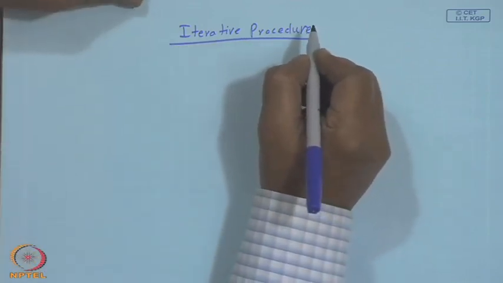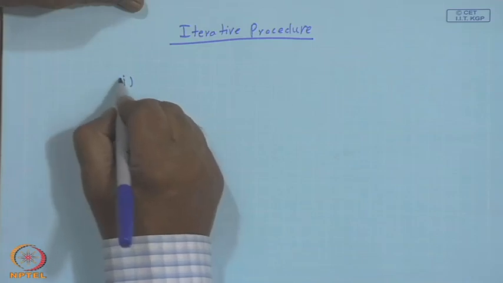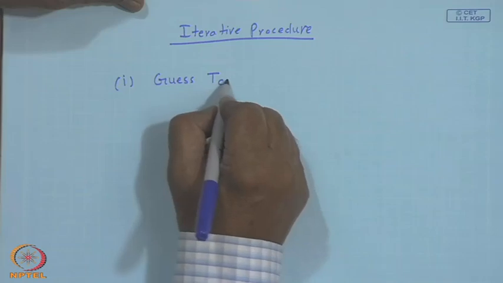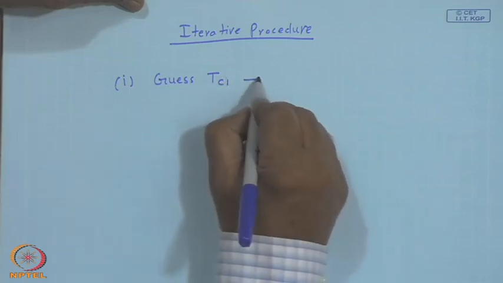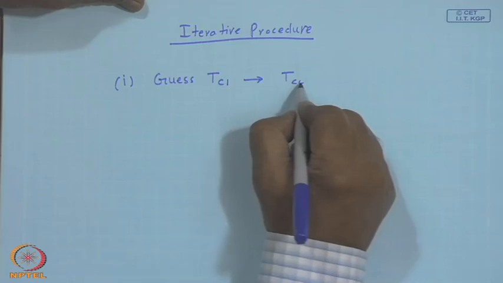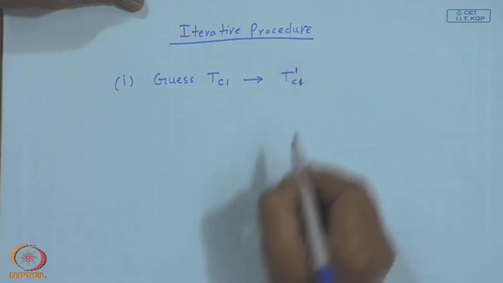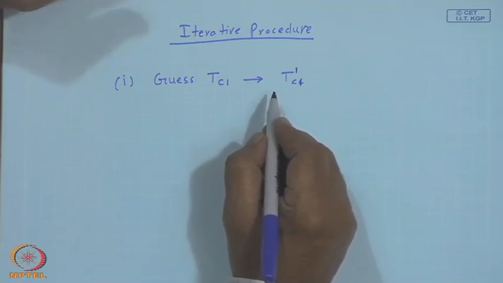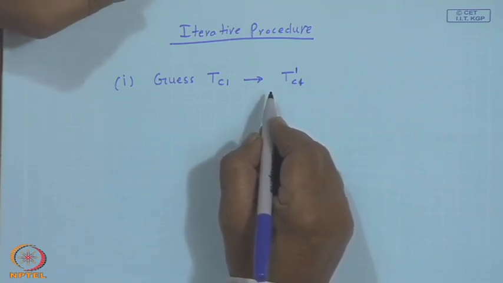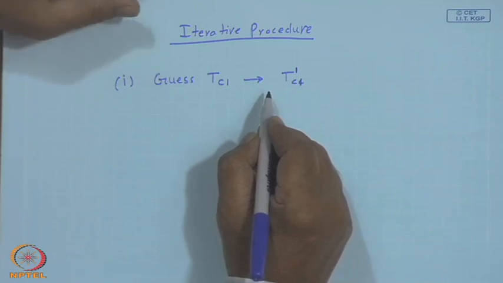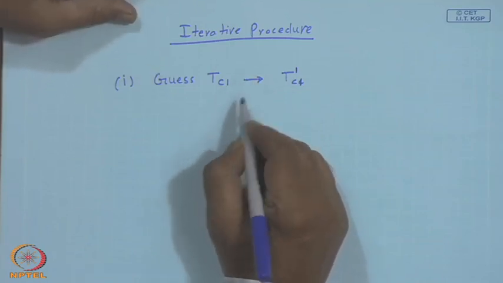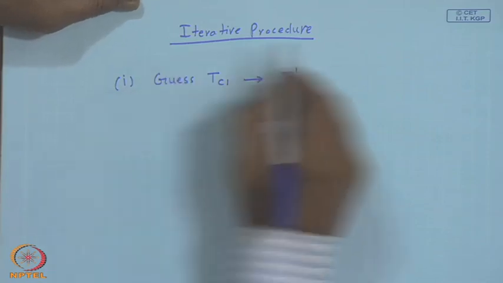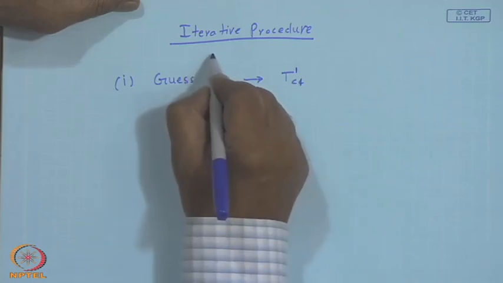Right. So, step number 1, we will guess Tc1. Let the first guess be Tc1^1. So, in case my first guess is not correct, I will go to second. If second one is not correct, I will go to third, so on and so forth, and we will try to iterate, and we set up a procedure or the principle behind iterating this section. So, the first step is Tp is known. Let us write it down.